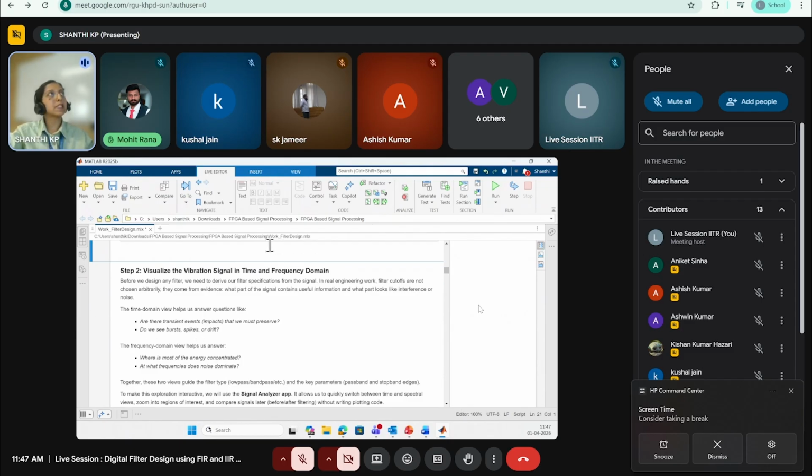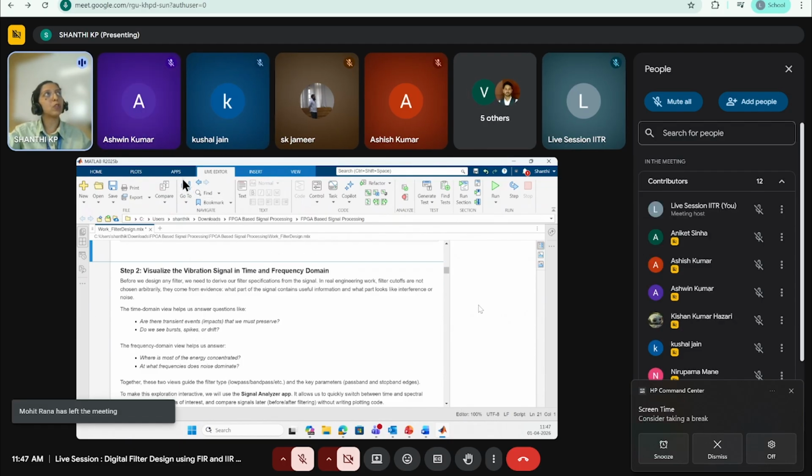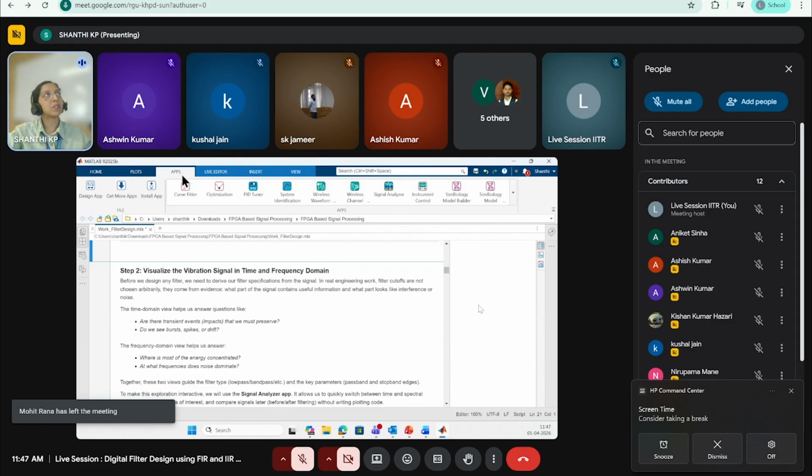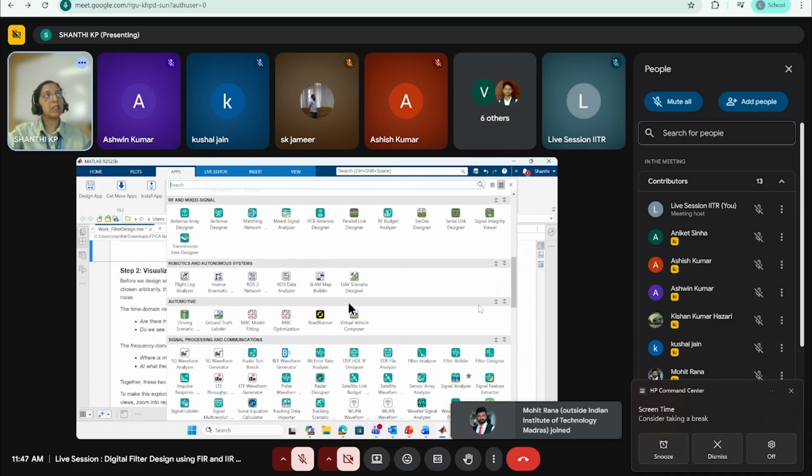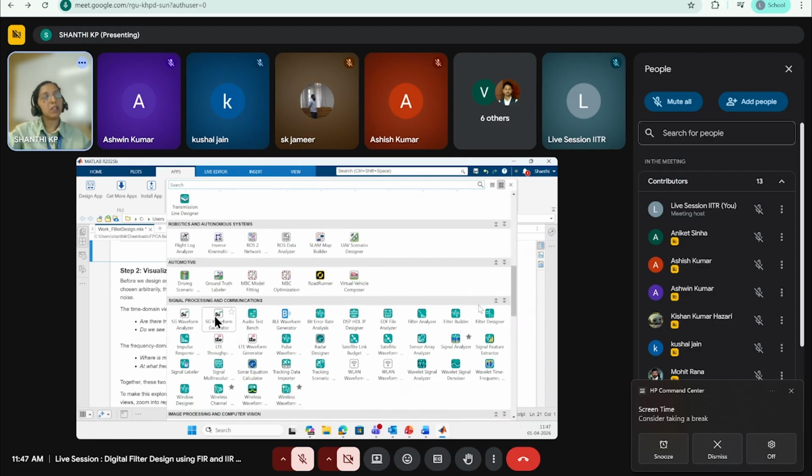To open the Signal Analyzer app, we'll go to the Apps section in the tool strip. Click on the down arrow here and scroll down to the Signal Processing and Communications section. I'll repeat. We'll go to the Apps section, scroll down to the Signal Processing and Communications section, and locate the Signal Analyzer app.